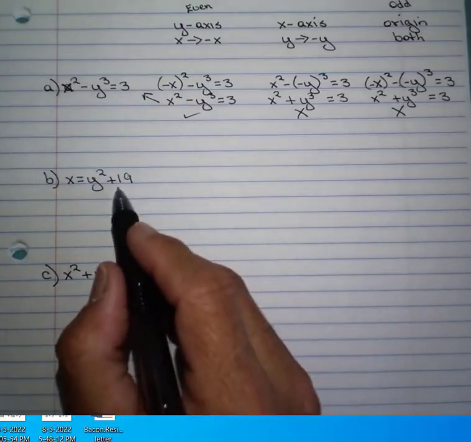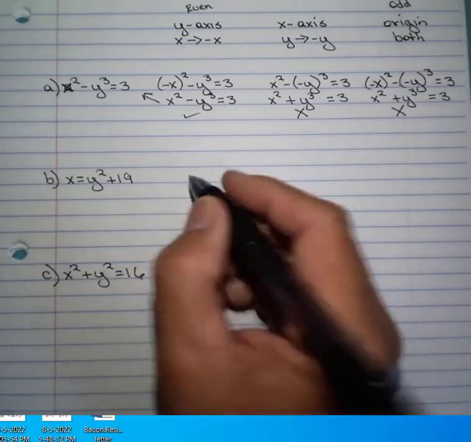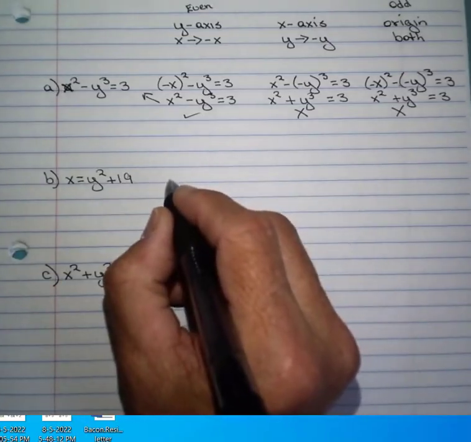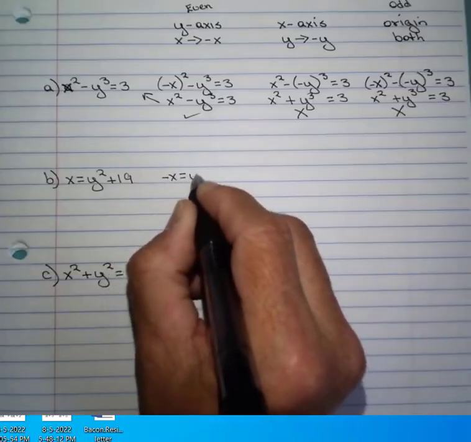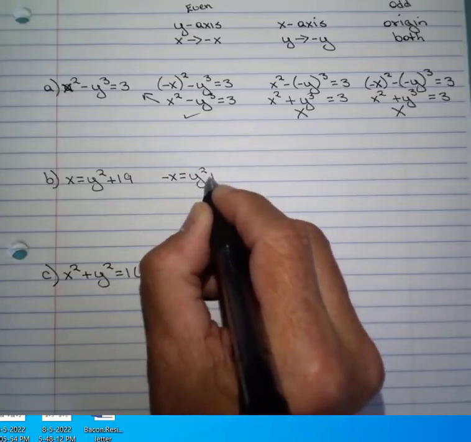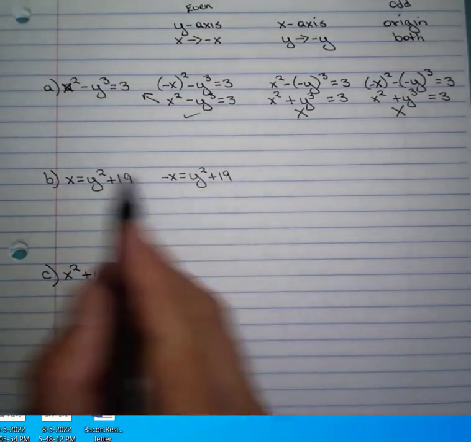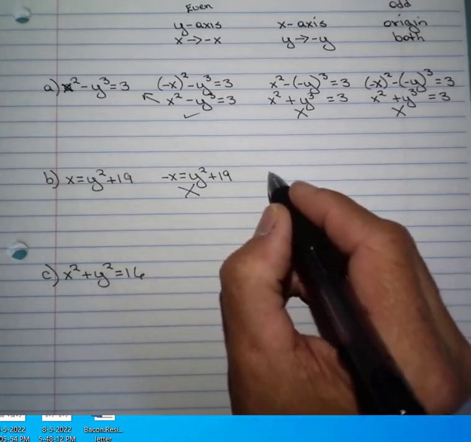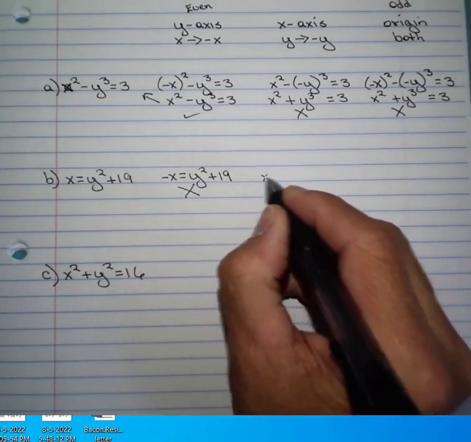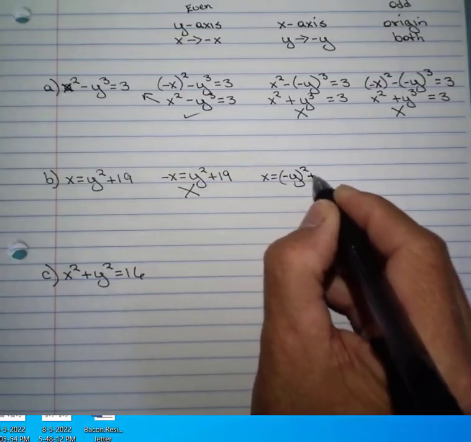Let's check out the second function that we have, and it says that for this one, I'm going to replace x with negative x. I'm going to say negative x is equal to y squared plus 19. Now, there's no simplification to be done there. You simply compare it, and you see that it does not match up. What if I replace y with negative y? Well, then x would equal negative y squared plus 19.